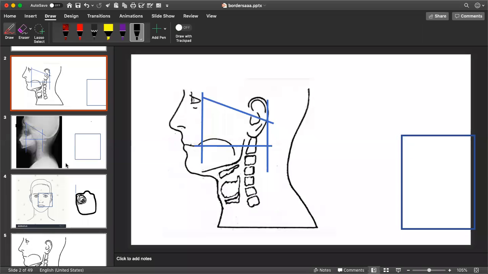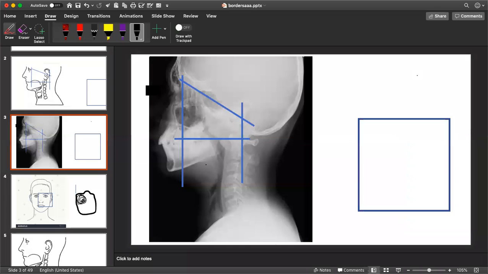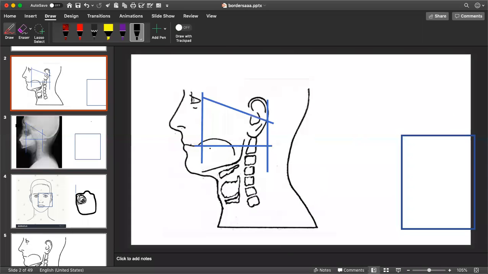But whenever your examiner is asking you the field borders for maxilla, they would like to know strictly the field borders of maxilla, not the nodes. So this is how we would draw the field borders of maxilla, instead of incorporating the neck nodal levels. This is what your examiner would like to hear from you.